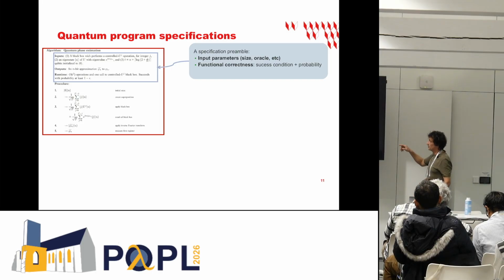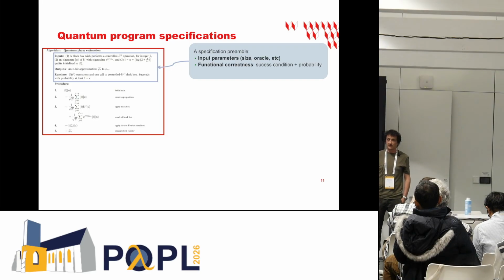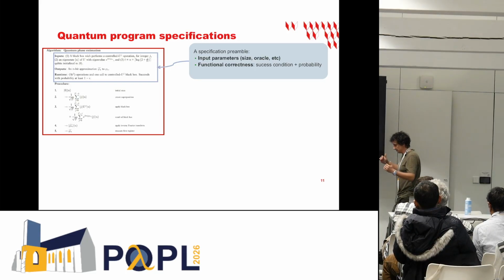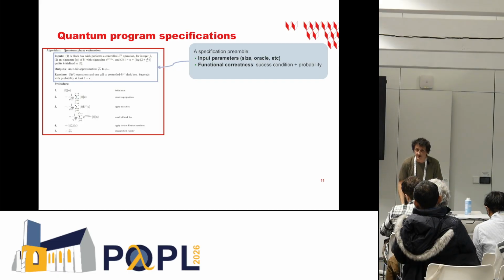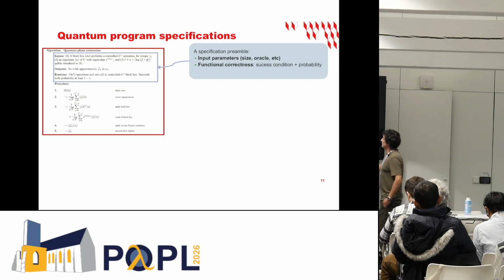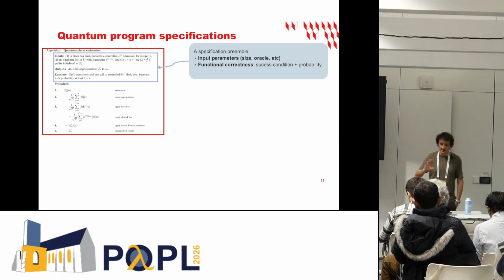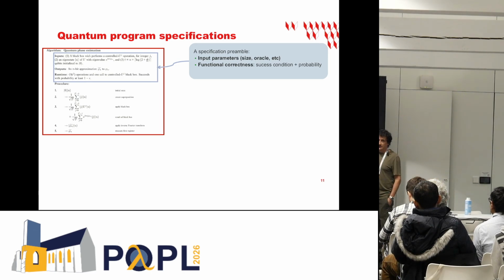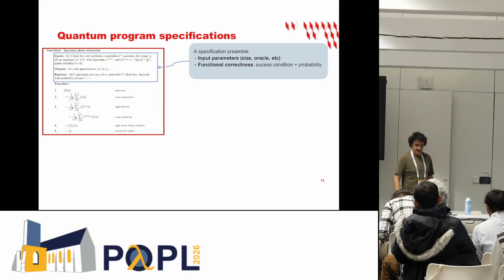There are some input parameters that are declared. Here it talks about the size of the register, about the oracles, and so on. And within the algorithm, the specification of these input parameters is given. In particular, it provides some specifications for the correctness of the program: a success condition for a run of the algorithm and the probability to succeed at each try.